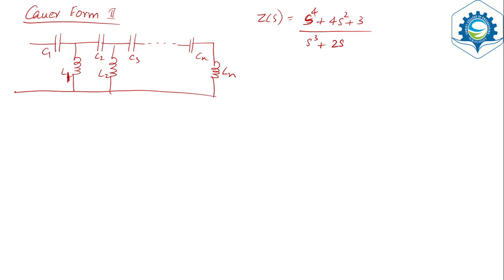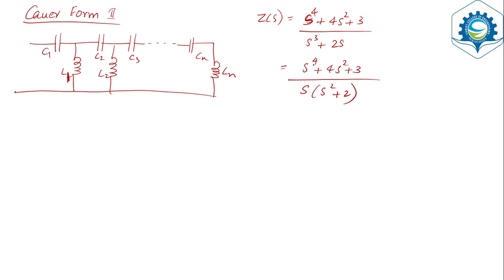Now, in Cauer form 2, you need to check in which part, the numerator or the denominator, you have a common s term. In the numerator, you are not getting s common. But in the denominator, you can see there is an s cube and a 2s, so I can take an s outside. So you have s into s square plus 2.